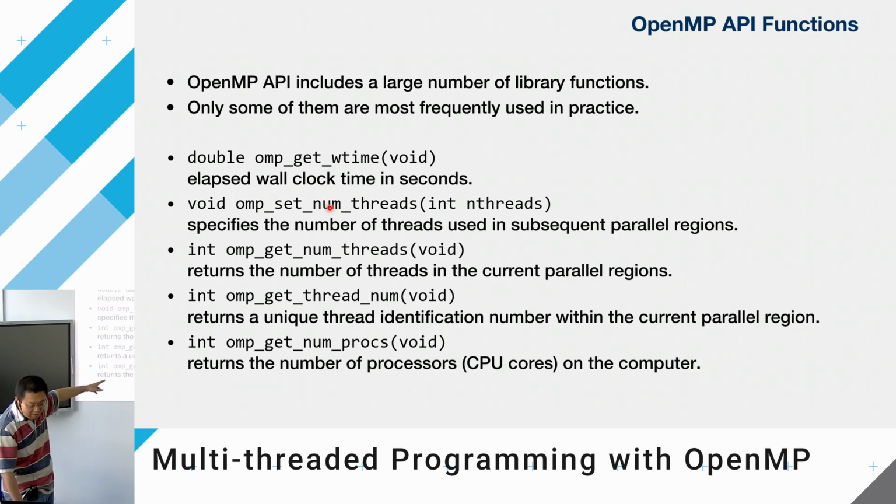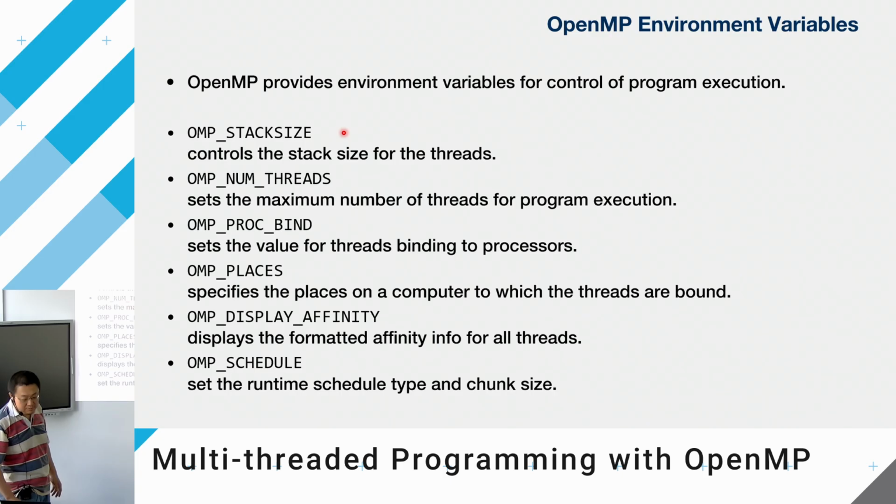For example, in the parallel region, get the total number of threads, get the thread ID, and so forth. And also, you can use environment variables to control the runtime behavior of your OpenMP code. This gives more freedom to the user of your application, so that the user can change some settings to make your application run more efficiently on the HPC cluster system.